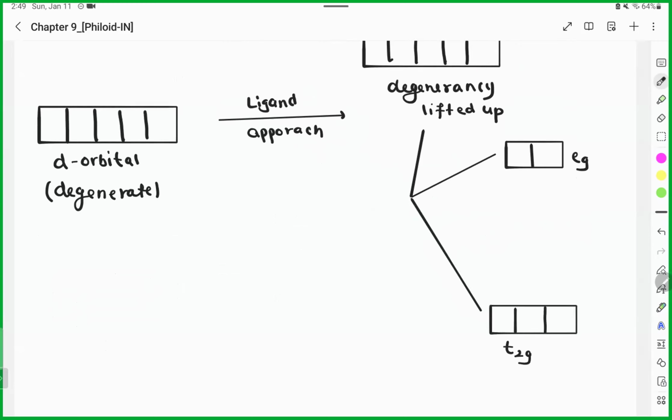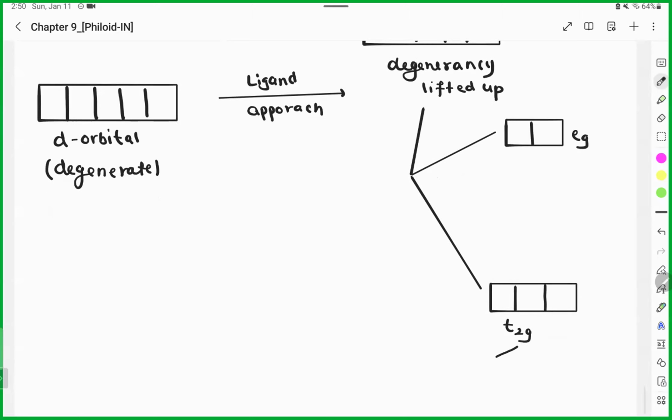So you have total five orbital. Two are EG and three are T2G. What are these three T2G? dxy, dyz, dzx. EG are dx square minus y square and dz square.